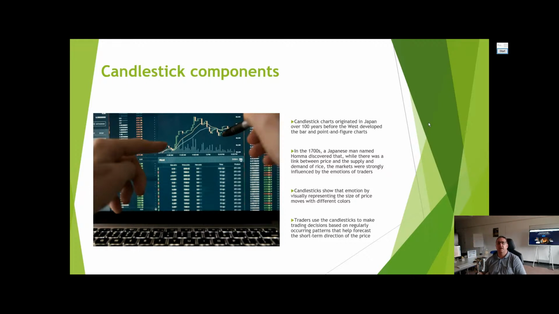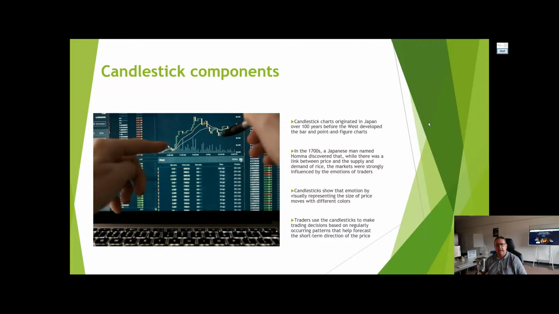And therefore, he created those candles, Heikin Ashi candles. Very interesting. Mr. Homma created Heikin Ashi candlesticks because he wanted to delete and exclude the market noise, the emotions. He wanted to be focused on just the price.